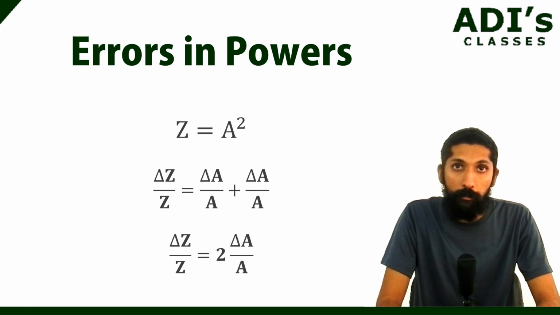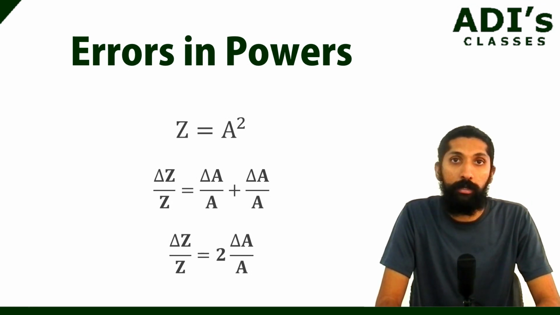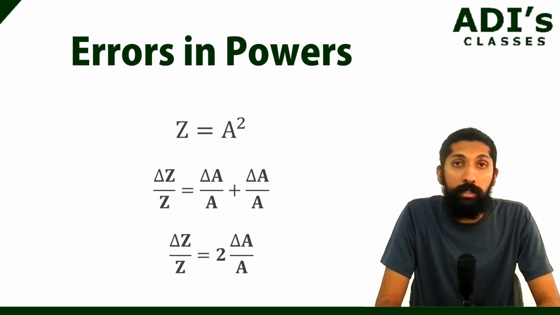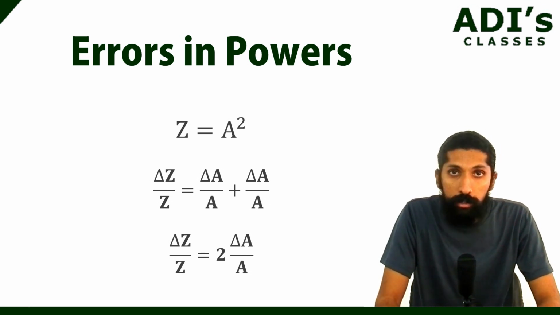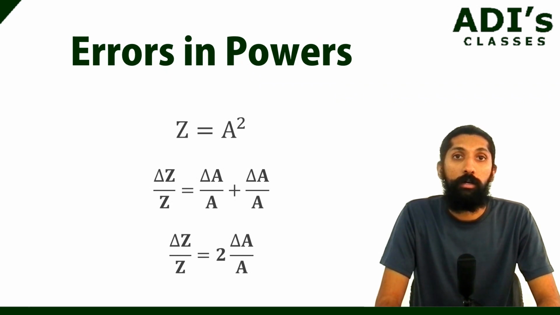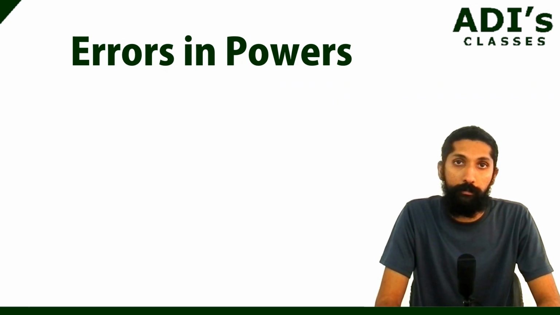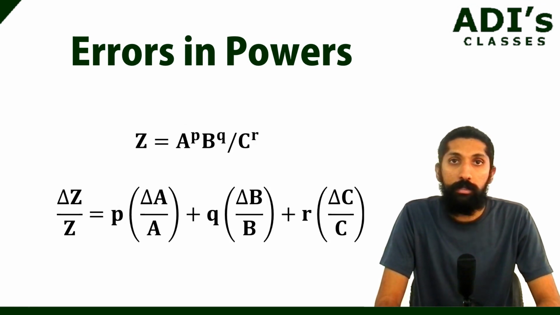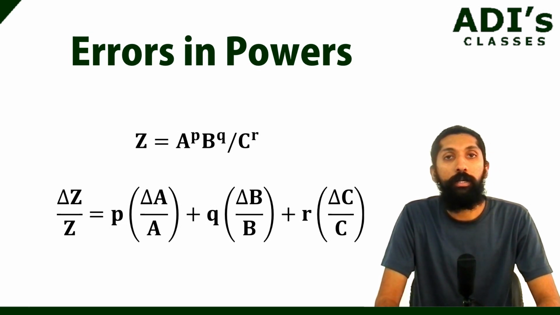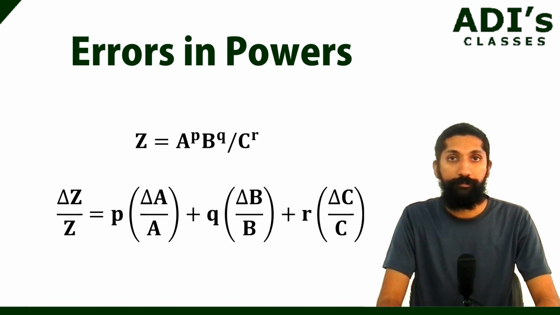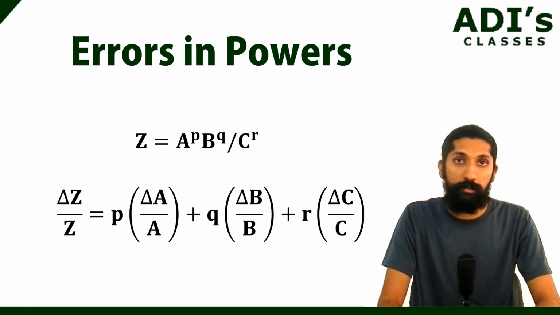You take that power, multiply it with the relative error and add all the relative errors. This is going to give you the error whenever you are raising it to some power. Alright. Now these are the combination of errors, whether you add, subtract, multiply, divide, or raise it to some power, whatever you do, you will have to start adding the errors.